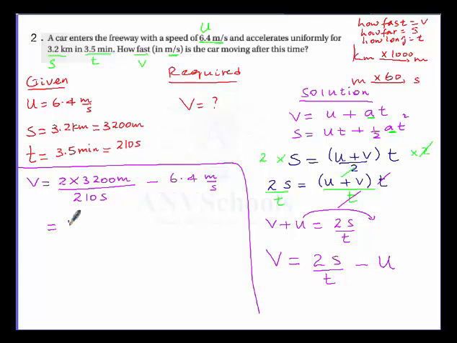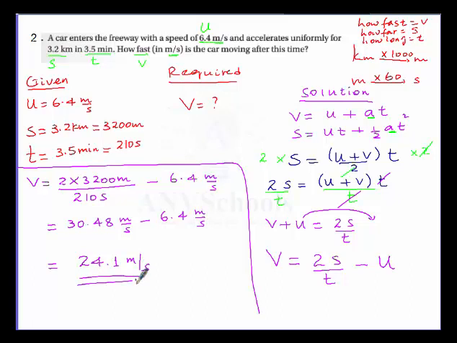This is equal to 30.48 meter per second to the nearest 2 decimal place, minus 6.4 meter per second. This is equal to 24.1, nearly 24.1 to the nearest 1 decimal place, that's 24.1 meter per second.